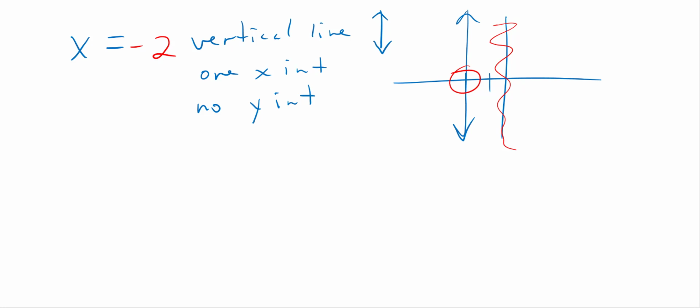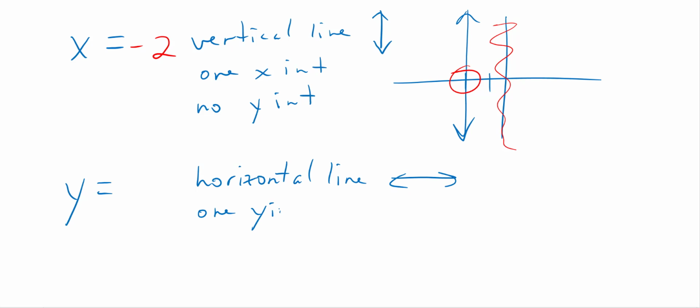Okay, what about y equals, if it's a y equals problem, that is a horizontal line, which means left and right. And this will have one y-intercept and no x-intercept.